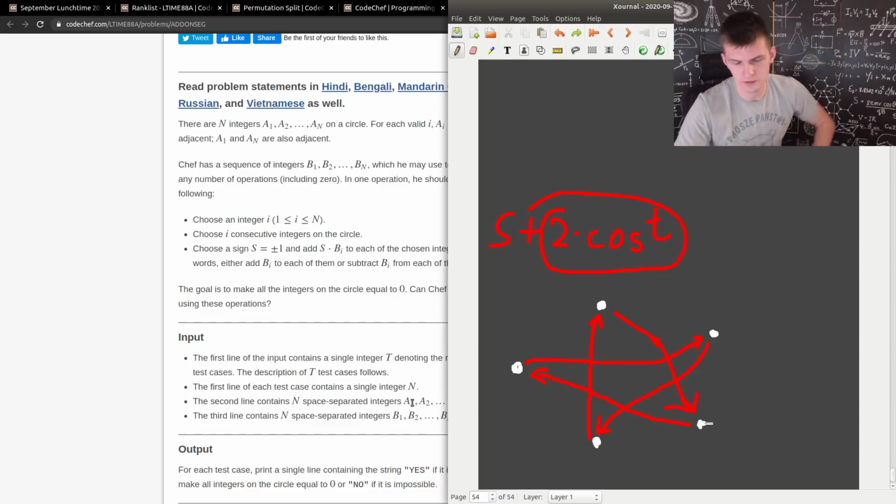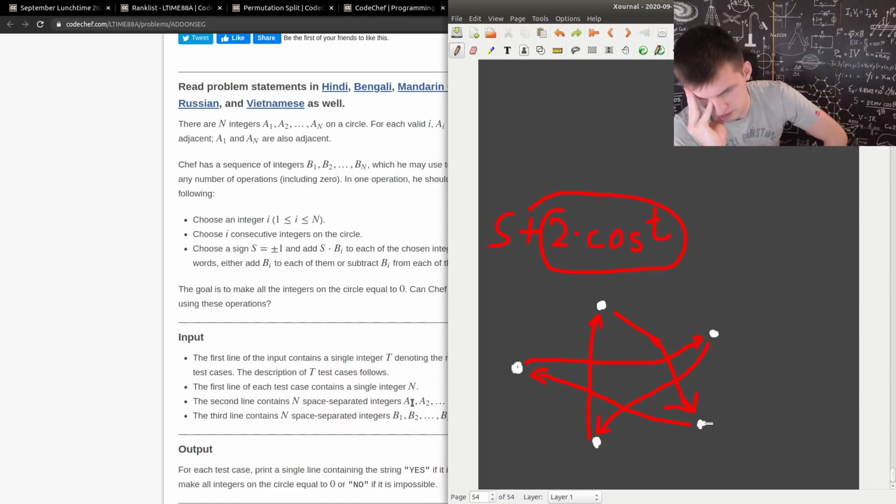I need to use such values b that their GCD is 1.